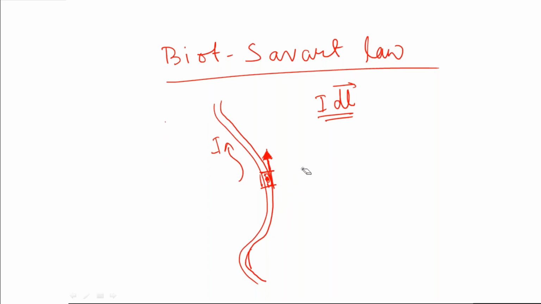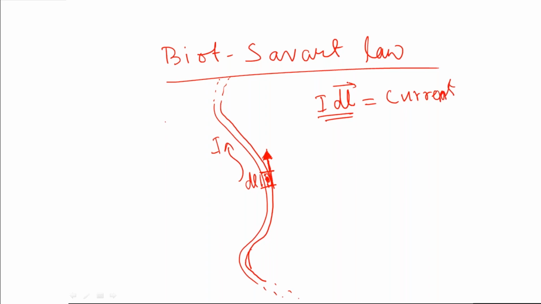Okay, so according to Biot-Savart law, if I have to calculate the magnetic field, suppose this is an infinitely long wire. This element has a length, suppose dl. So as a whole, I dl is called the current element, and this is the source of the magnetic field or magnetic induction.